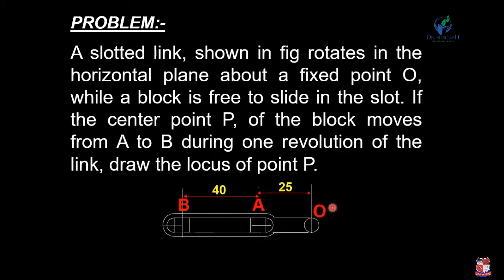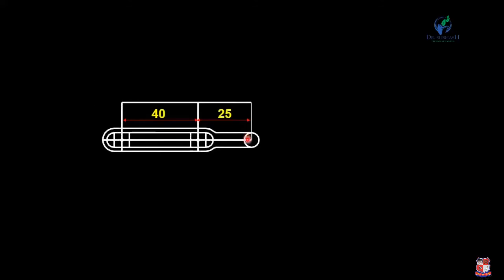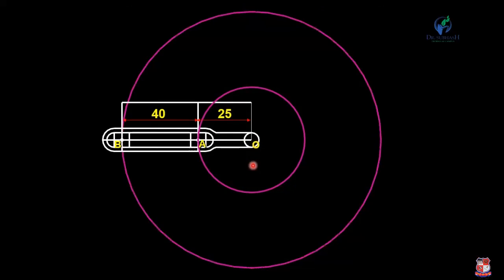Now, the distance between O and A is 25 mm, and A and B is 40 mm. So you can see here the link OAB, with O as a center, and this distance is 25 mm. First of all, draw a circle of radius 25 mm and another circle of radius 40 plus 25, that means 65 mm.